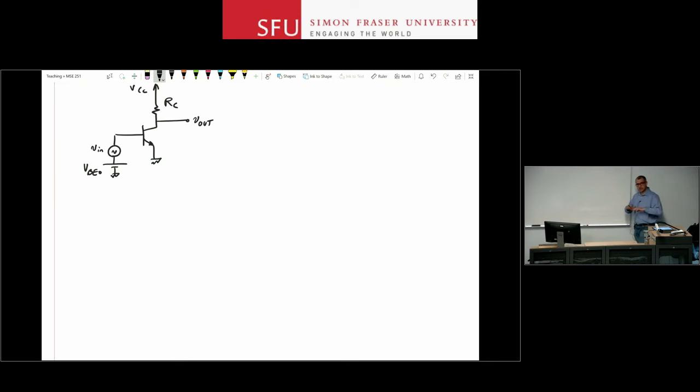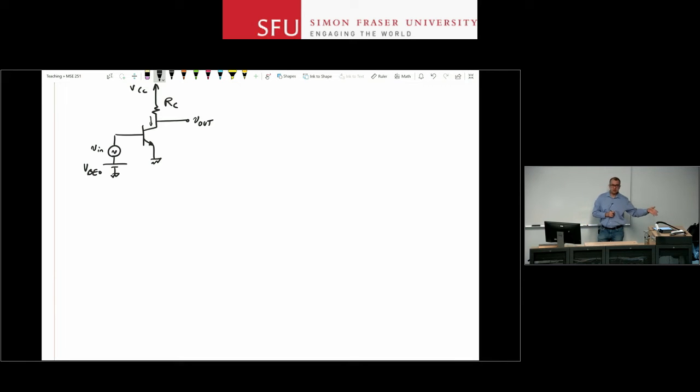Okay, so this is as simple as it gets. We have a transistor that I bias to be in active region using VBE, the source VBE, not between the base and ground. I just put just the right amount of voltage there to get the current that I need here to make sure that IC is in a certain value such that the base collector diode is off, the base emitter diode is on.